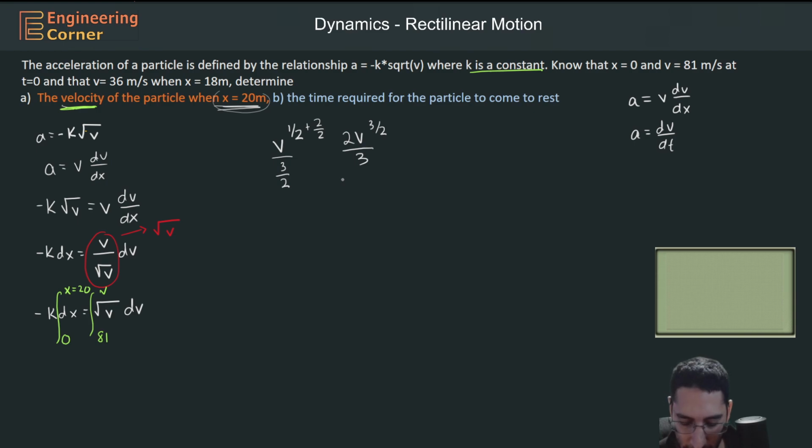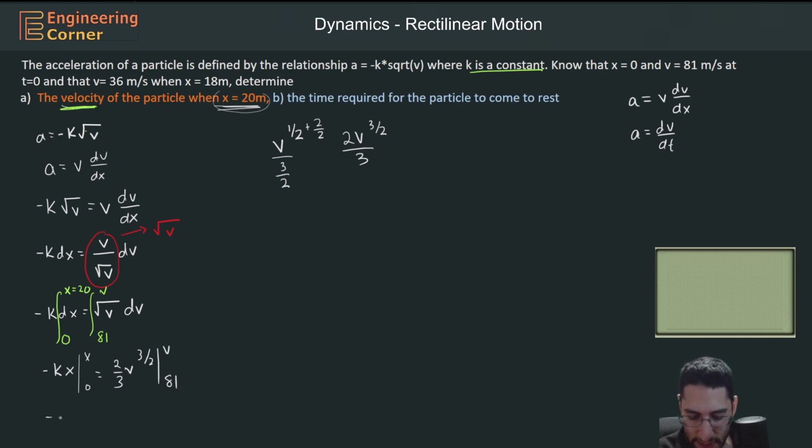Again, it's fun with Calc 2. So here we'll have minus k x, evaluated from x to 0, and this is equal to 2/3 v to the 3/2, evaluated from v to 81.